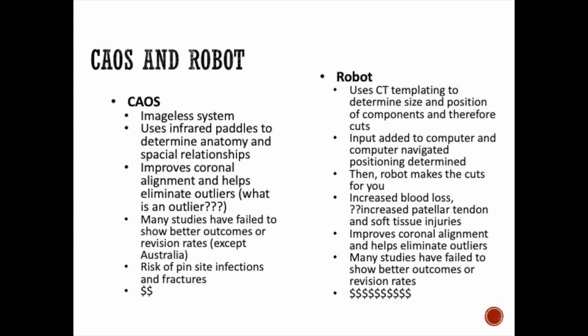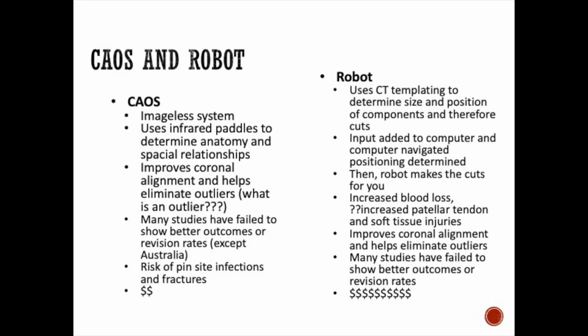The robot is very similar, except it does use imaging, and then the robot makes the cuts for you. It does much more accurately reproduce the anatomy. It does seem to be technically easier for the surgeon, but there are concerns that some studies initially showed increased blood loss, maybe because of increased operative time and the fiddle factor of the robot, although after getting used to the technique, surgeons tend to get faster and better, and it doesn't prolong operative time once that learning curve is over.